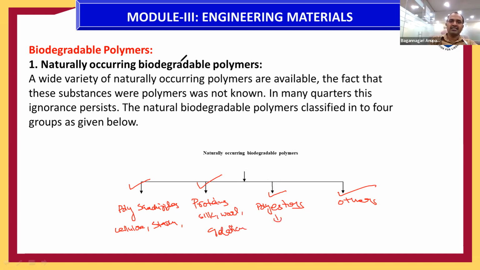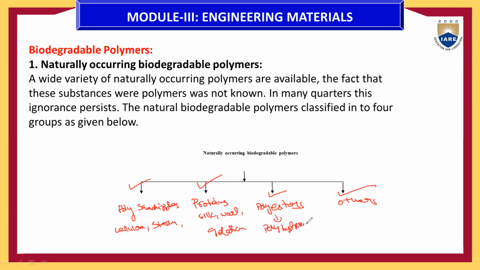Polyesters are polyhydroxyalkanoates. Others are lignin. So naturally occurring biodegradable polymers are mainly classified into 4 types.